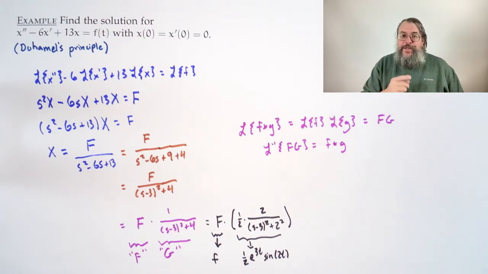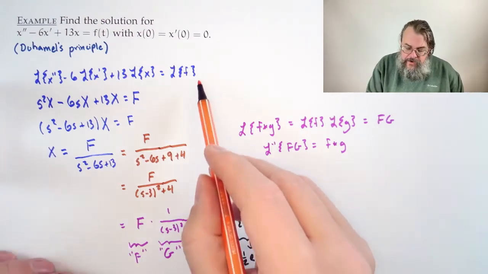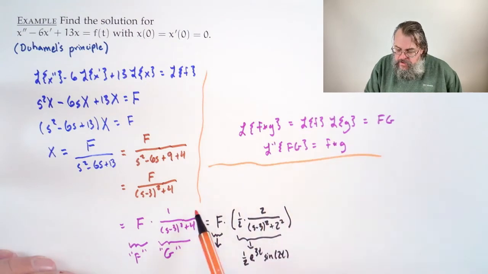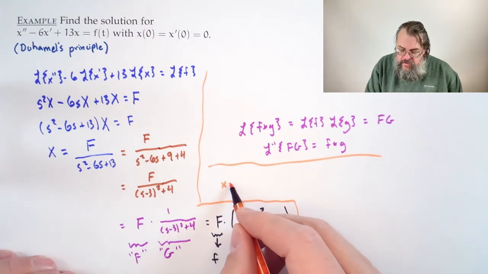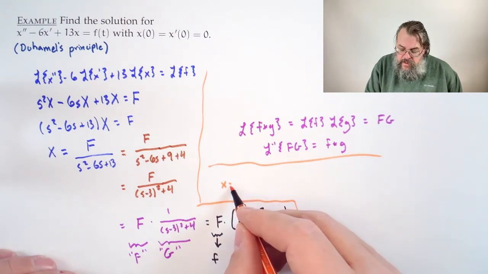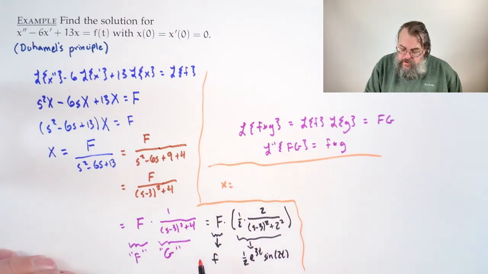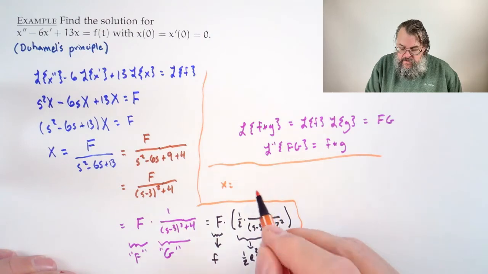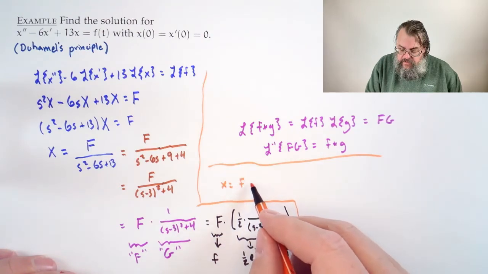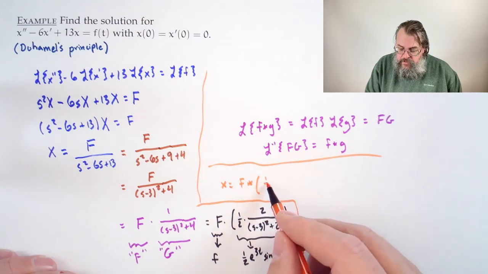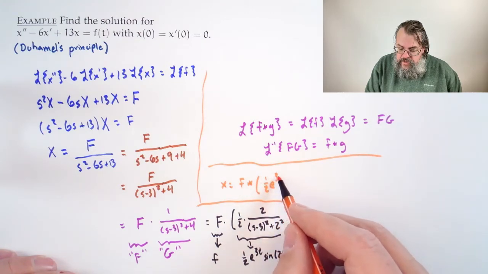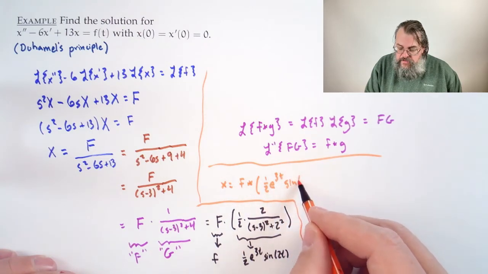We're rounding the corner. We now can say the following. So x is equal to, well, we're taking the inverse Laplace here, so it's going to be our f convolution, that's what the star stands for, 1/2 e to the 3t sine of 2t.